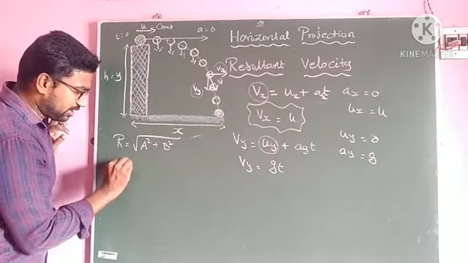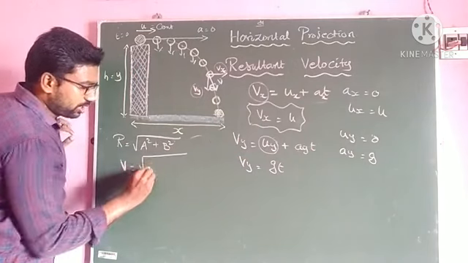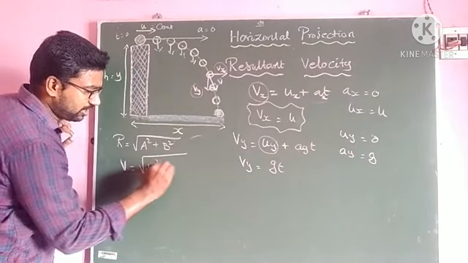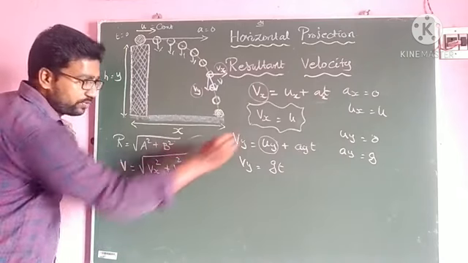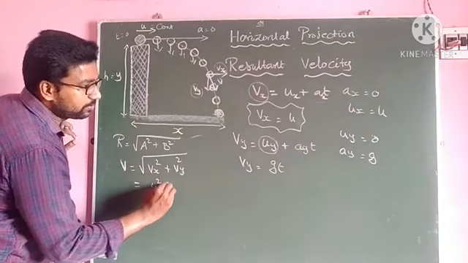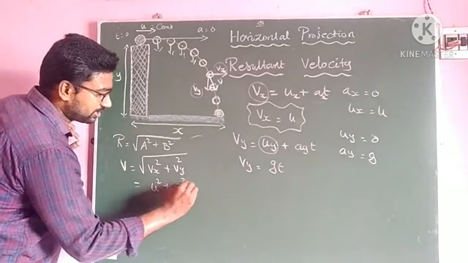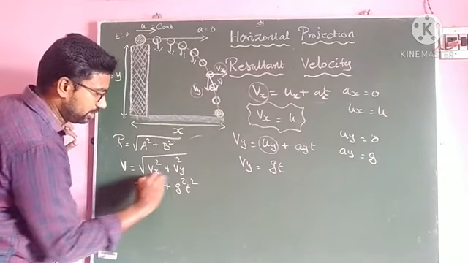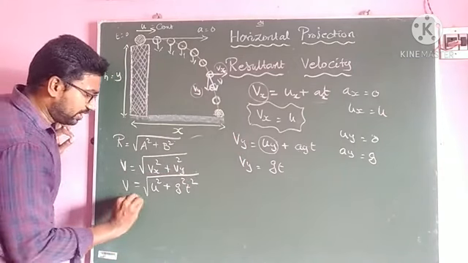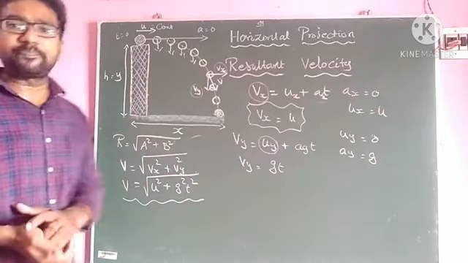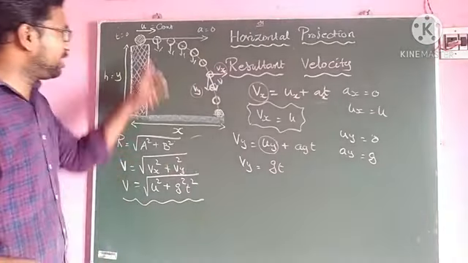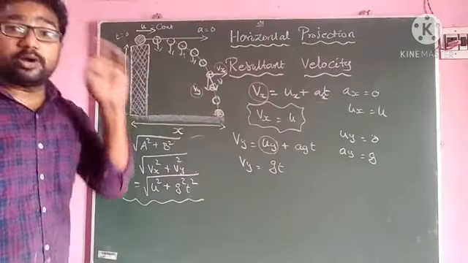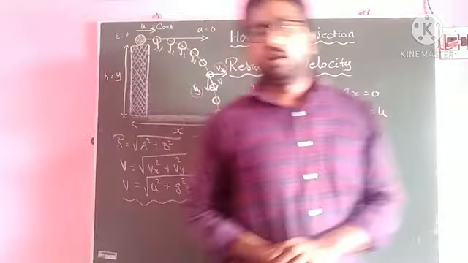So the resultant velocity V is equal to root of Vx square plus Vy square. By substituting these two values, V is root of u square plus g square t square. This is the resultant velocity of the projectile motion. By using this equation, you can easily find the particle's velocity at any point. Okay, students?